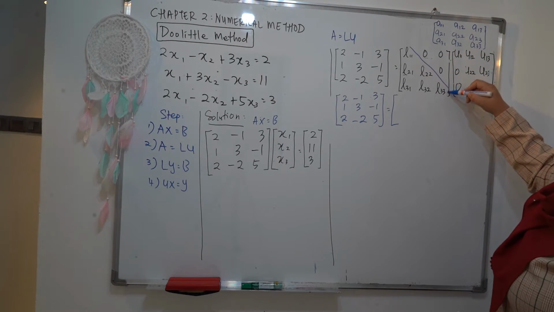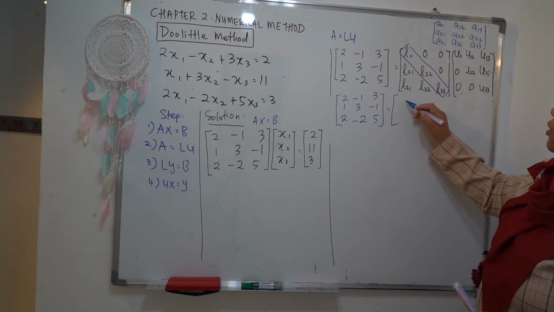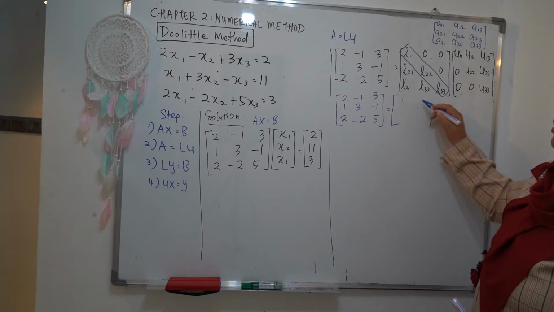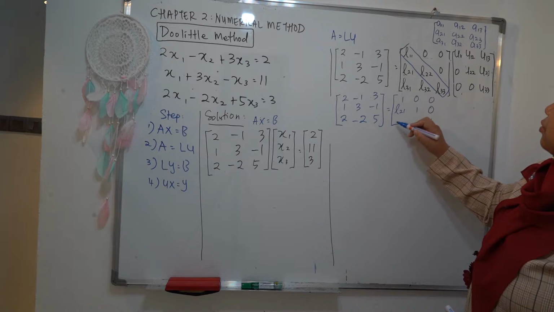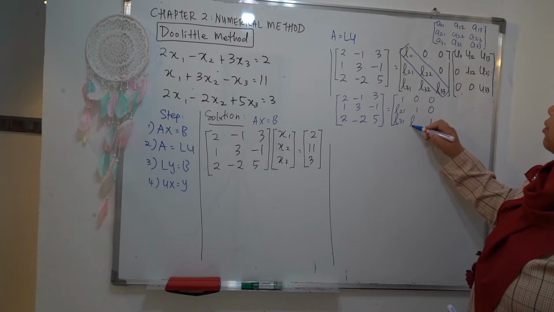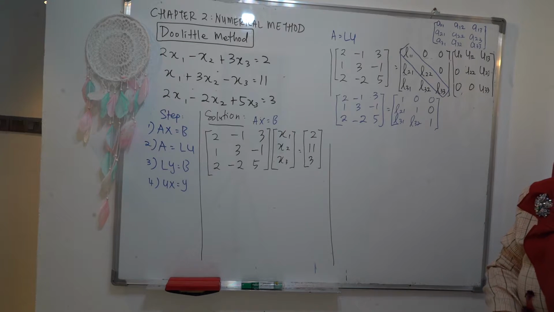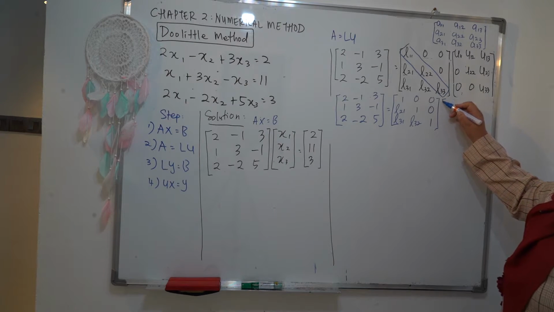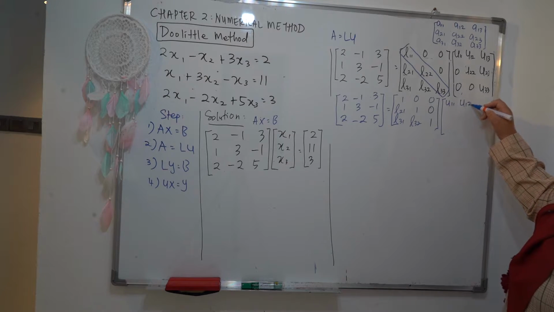I change the diagonal into 1, so 1, 1, 1, with 0 above it, then L21, L31, L32. How about U? U does not need to change, so I just copy and paste.